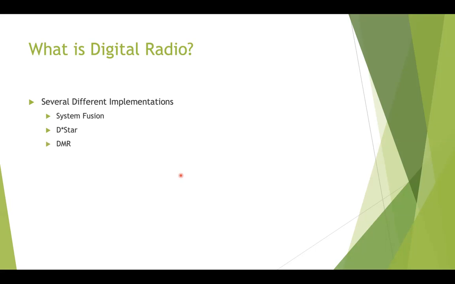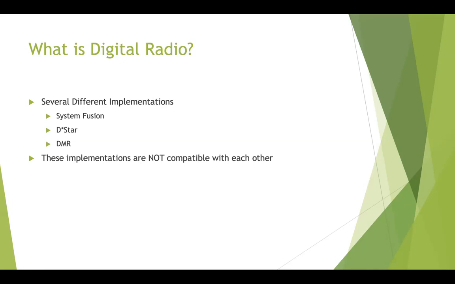But today we're going to be talking about DMR, which is yet another implementation of digital radio. These implementations are not compatible with each other. So if you want to play digital radio, you have to pick one or buy 3 radios. So generally, a System Fusion radio will not do D-Star or DMR. A DMR radio will not do D-Star or System Fusion, and vice versa. So that's a sad fact about how things are, but I guess that's just how it is.